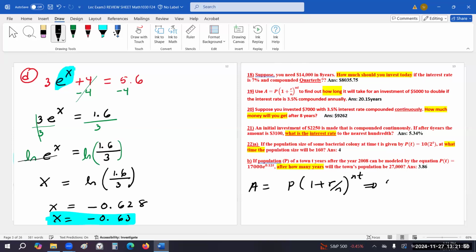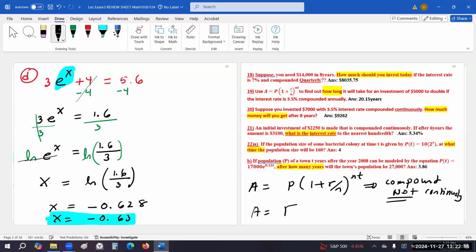We use this when you compound not continuously. Anytime you compound annually or daily or monthly or weekly, if you compound something but not continuously, this is the formula we use.